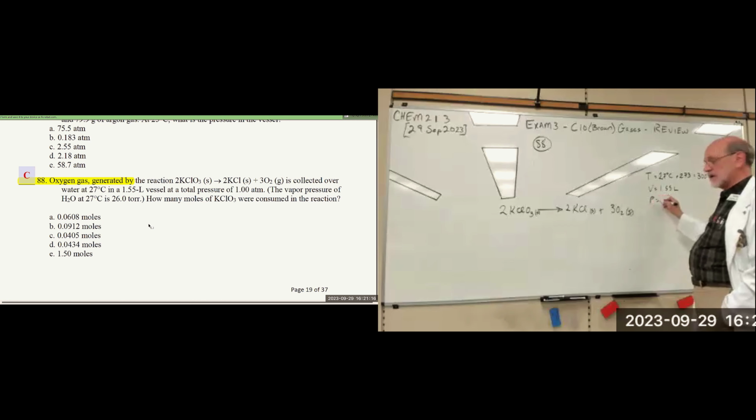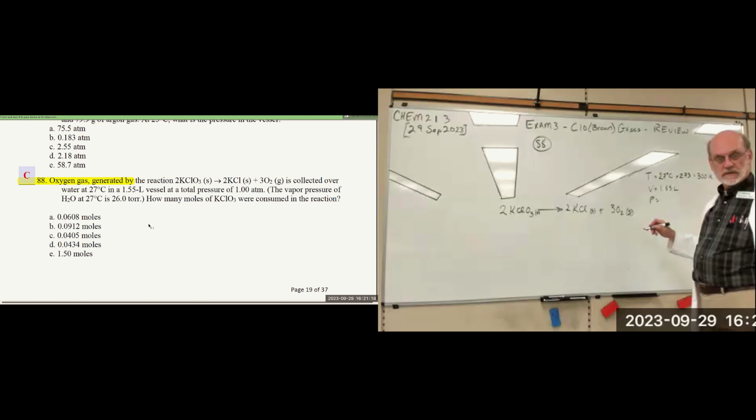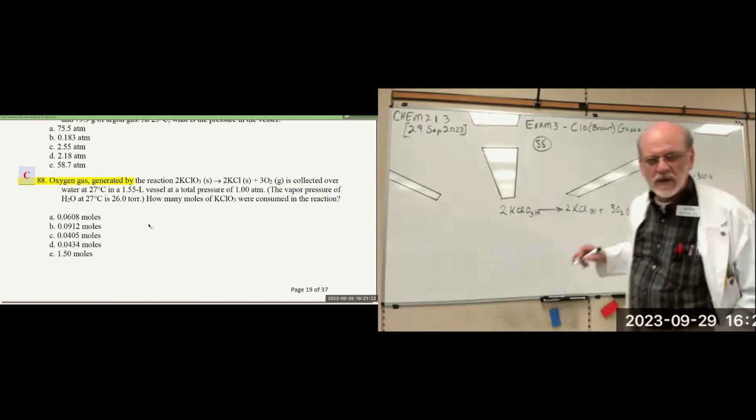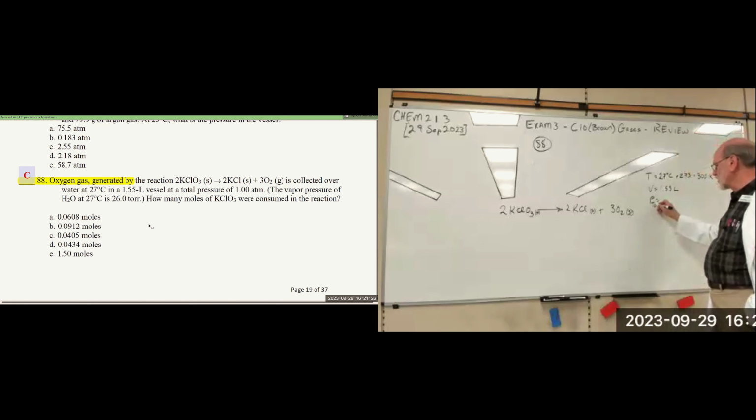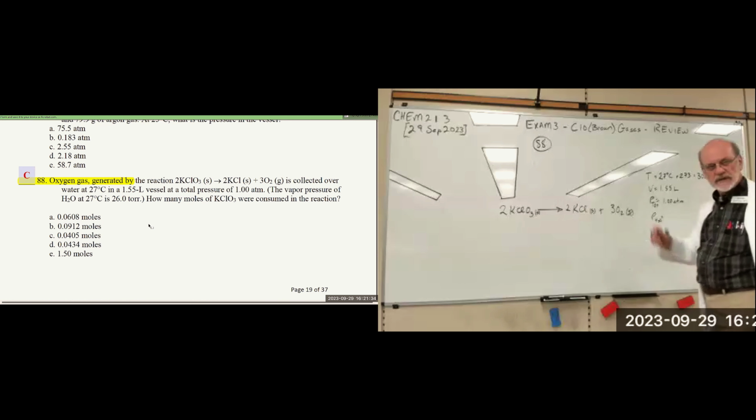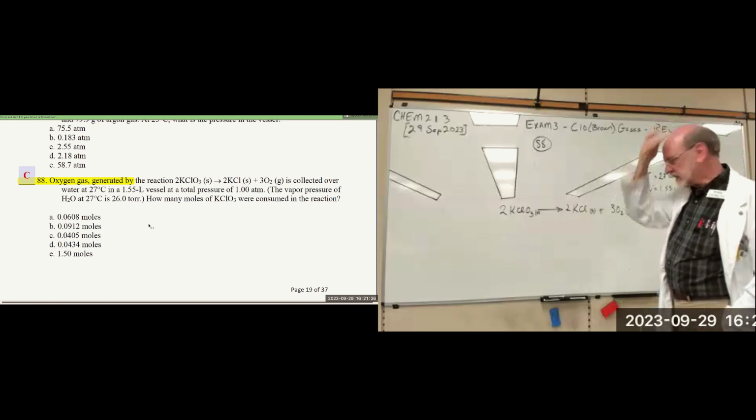And the total pressure is 1 atmosphere. The pressure of water vapor at that temperature is 26 torr.